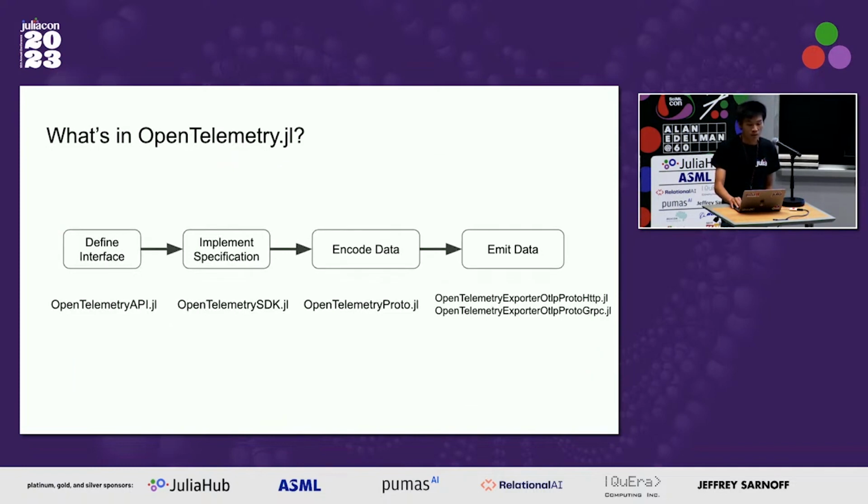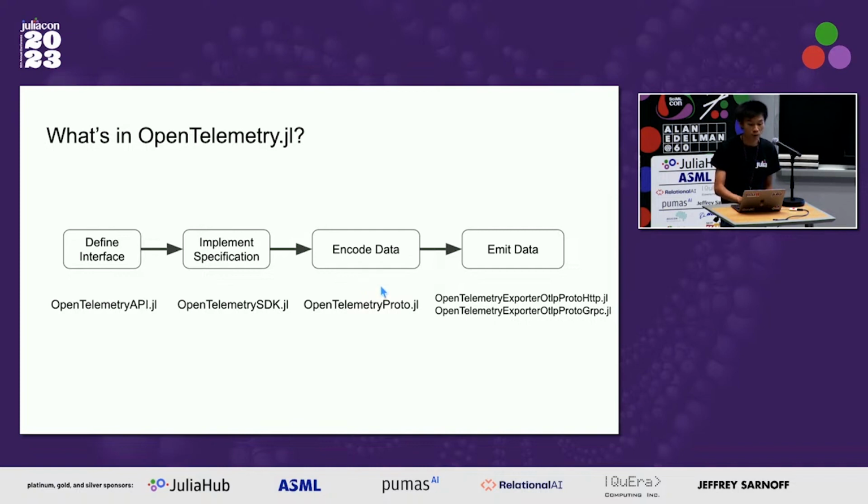From a functional view, we can see that first, the API layer defines the whole interface, and then the SDK layer implements the specification. Third, the Proto.jl encodes all the concrete types defined in the SDK, and we use protobuf to encode the data into binary.